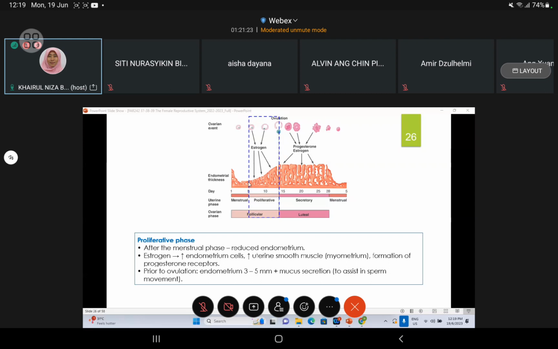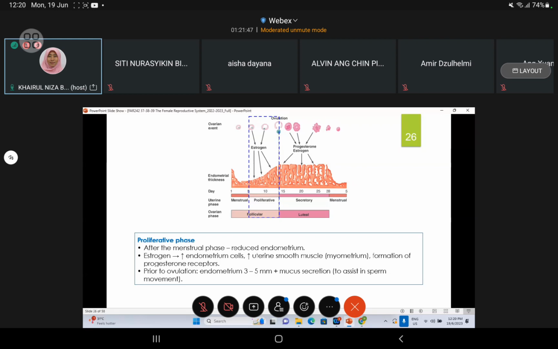There is also formation of progesterone receptors induced by the presence of estrogen. Prior to ovulation, as you can see in the diagram here, the thickness of the endometrium is about 3 to 5 millimeters. On top of that, there is mucus secretion.